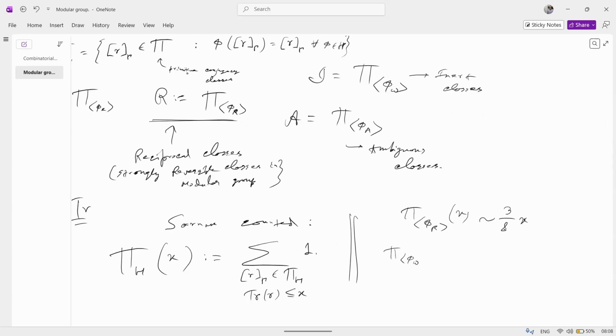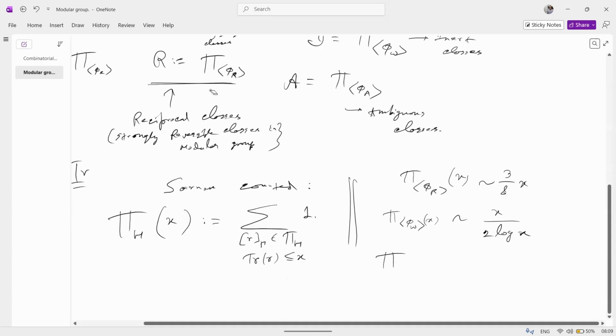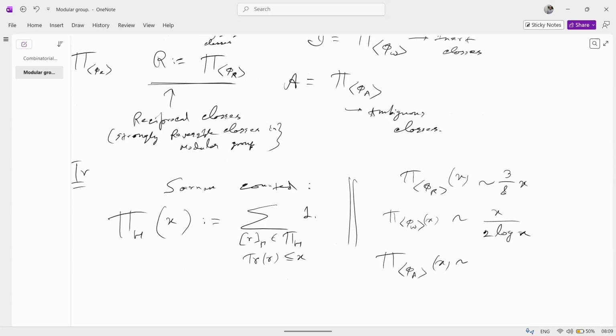For the inert class, Sarnak proved that this is x over 2 log x, and for the ambiguous class, he proved that this is 97/(8 pi squared) x over log x squared. So this was Sarnak's result.